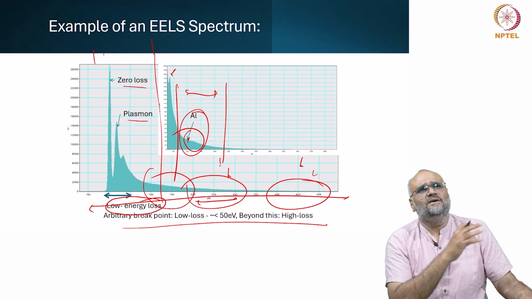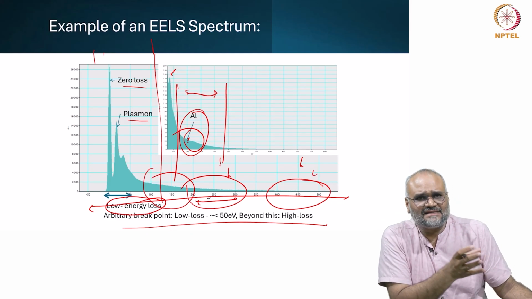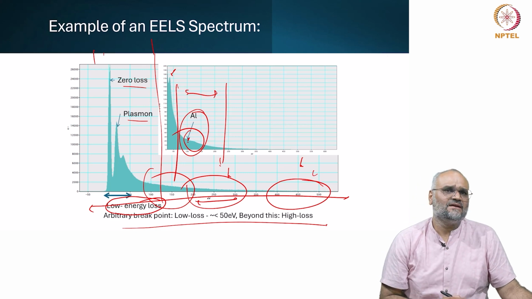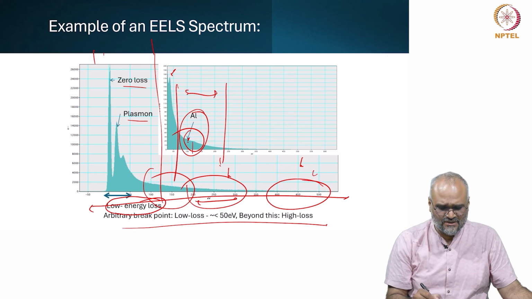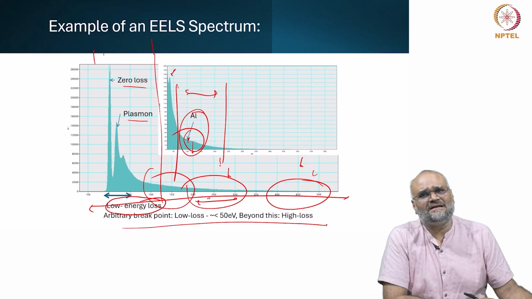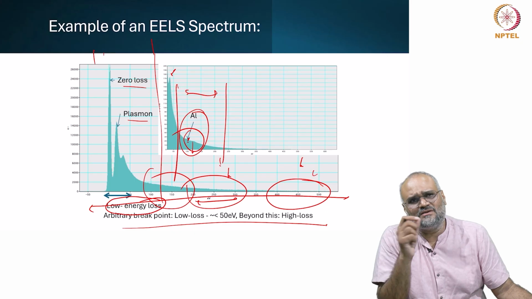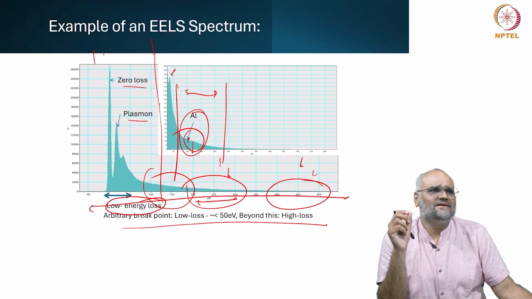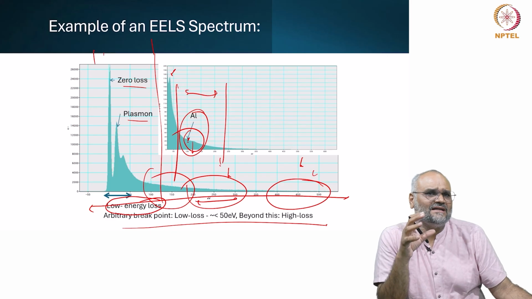So this is how your realistic EELS spectra would look, and from the information under the specific ionization edges, you can start quantifying, to a very good beyond 98% accuracy, how many atoms you are getting this kind of a signal from.